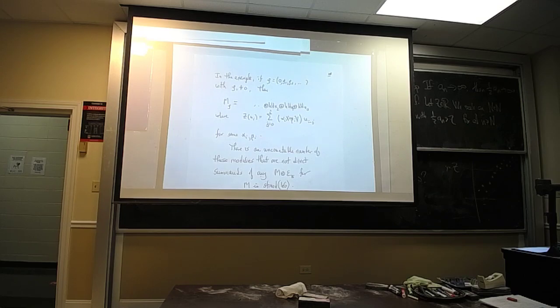So, is there any hope of doing this for arbitrary finite group schemes? Probably, yeah. I'm not sure exactly how you would.